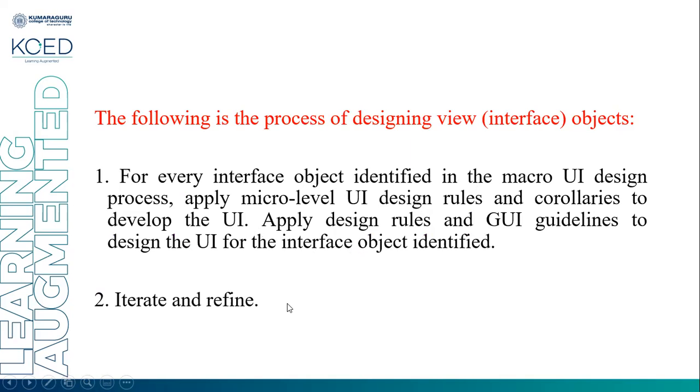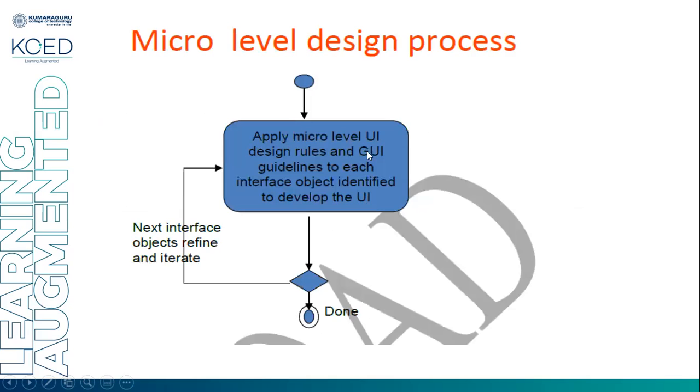Iterate and refine. So every object identified in the macro-level process, you will take through the micro-level UI design rules and corollaries to develop the user interface, and then iterate and refine.